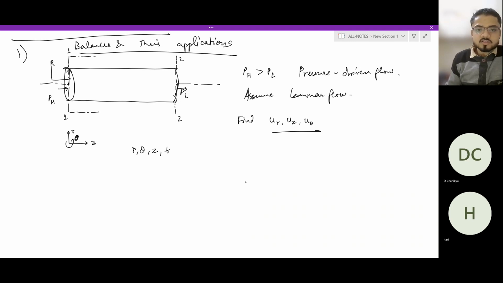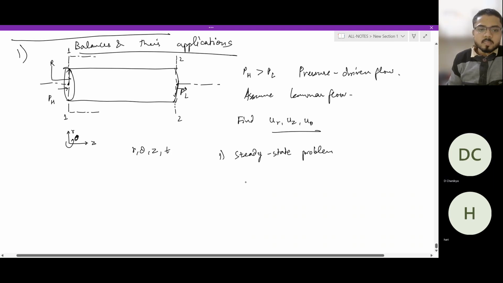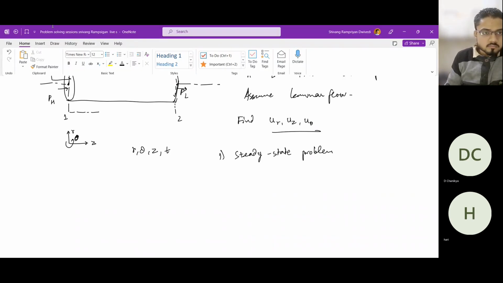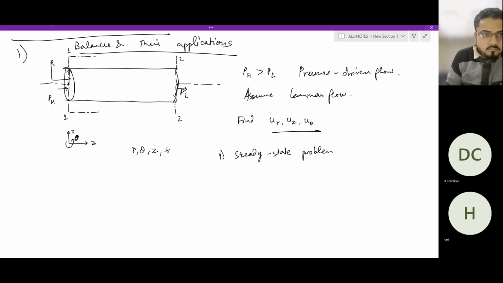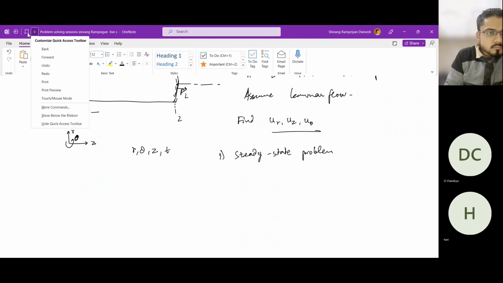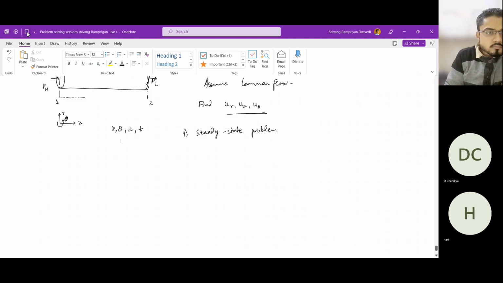So the first assumption is that I assume that it's a steady state problem, okay?